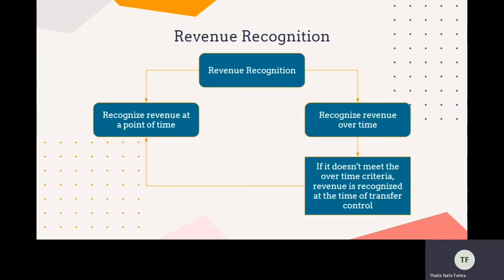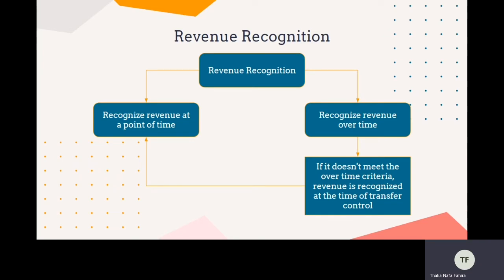Okay, so here's the flow chart of revenue recognition based on PSAK 72. So basically, revenue can be recognized in two ways. The first one is at a point in time, and the second one is that we can recognize revenue over time. But if it doesn't meet the criteria over time, revenue is recognized at the time of transfer of control.